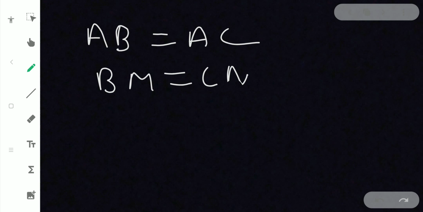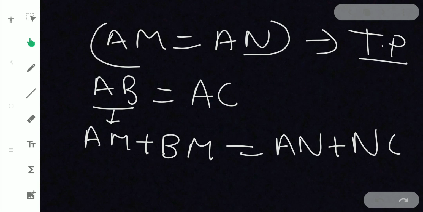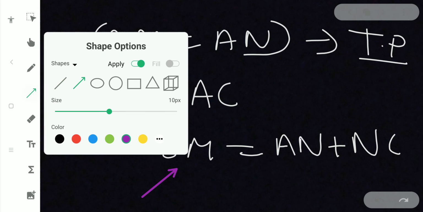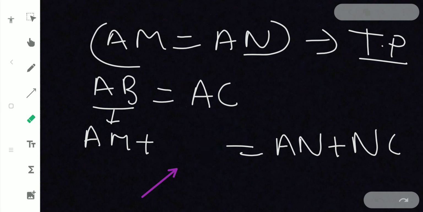Now here it is also given BM is equal to CN. In place of BM, I will rub and write CN, because BM is equal to CN. So if BM is 5 meters, CN also will be 5 meters.